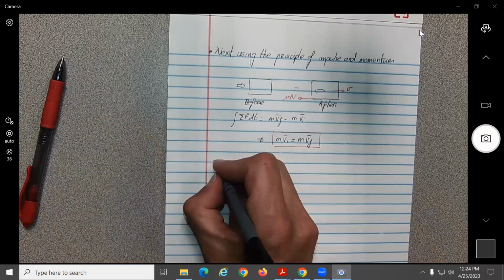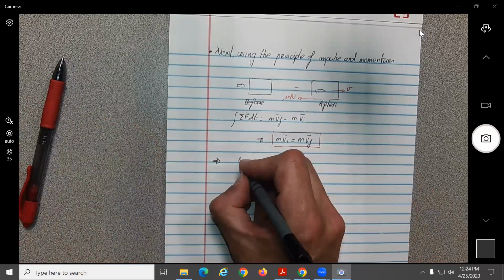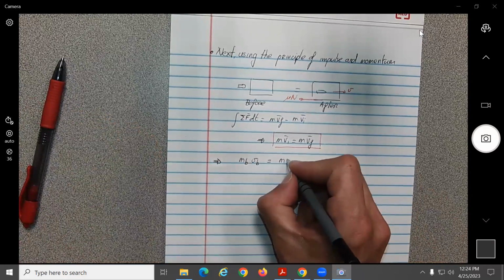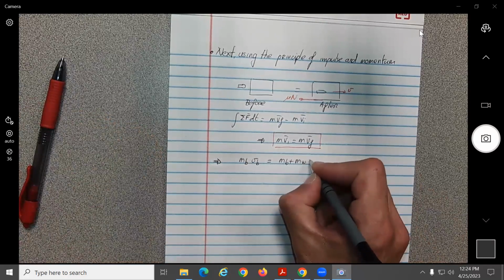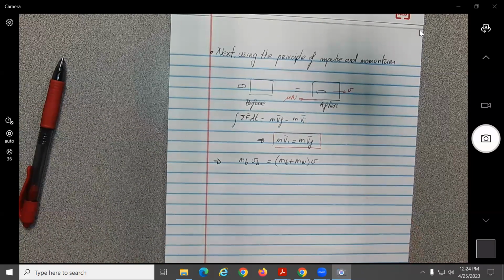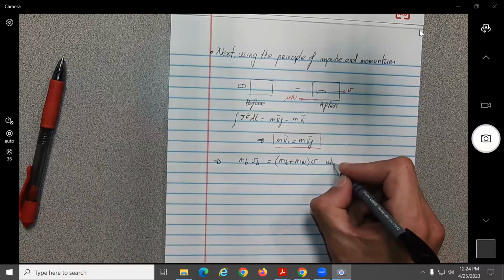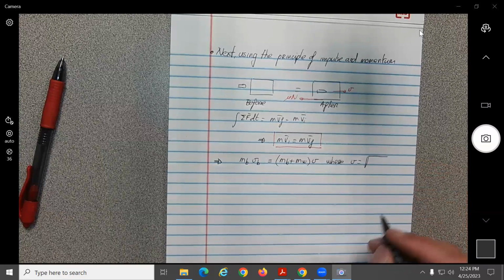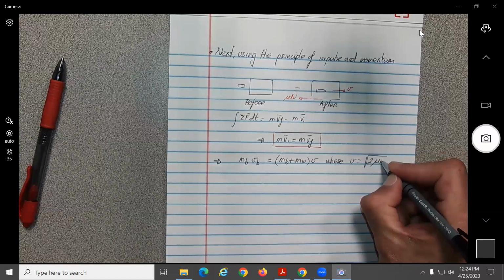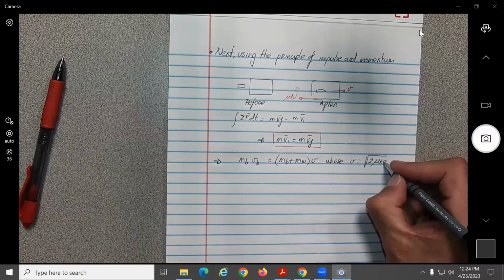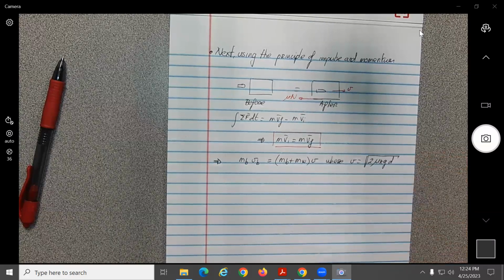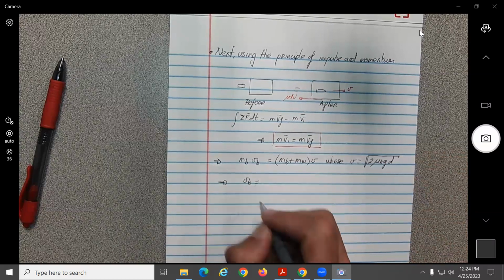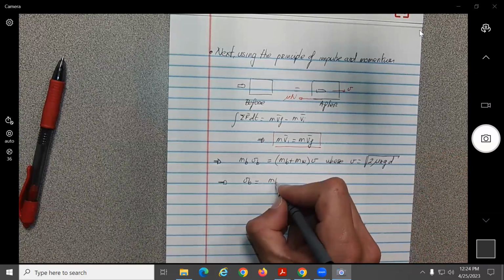So now what we're going to have is the same equation we had before, just m b v bullet equal to (m bullet plus m wood) times v, where v is the value we just calculated, square root of 2 mu sub k g d.